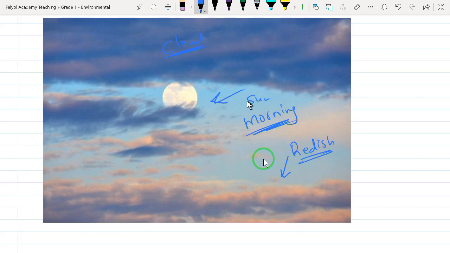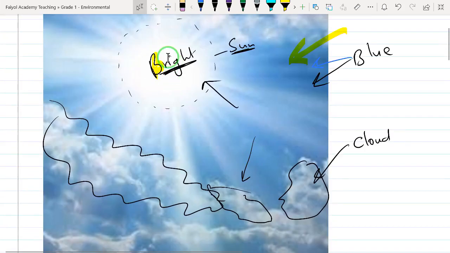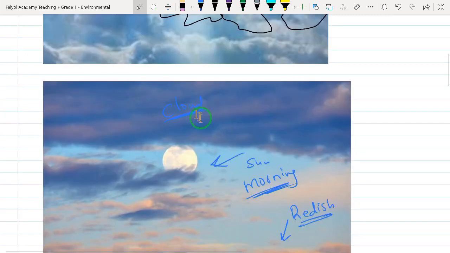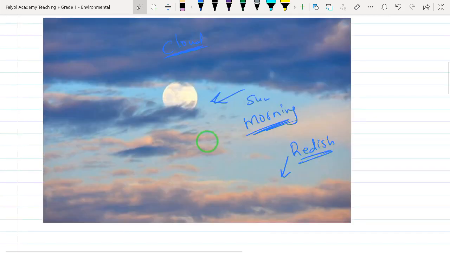So this is still the clouds. They are almost covering the sun in the morning, but as you have seen above, when the sun is almost at midday, it will be very bright. You can never see its edges. I can only imagine where the outline of the sun is. So we have seen during the day we see a blue sky.